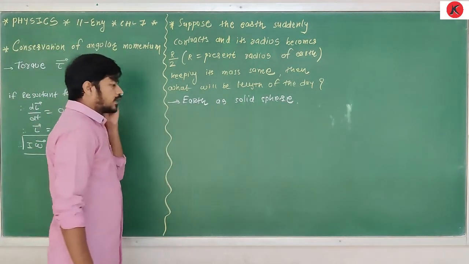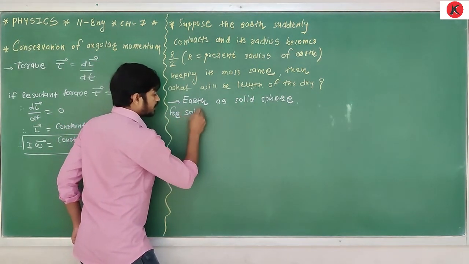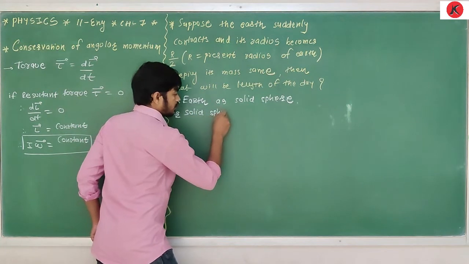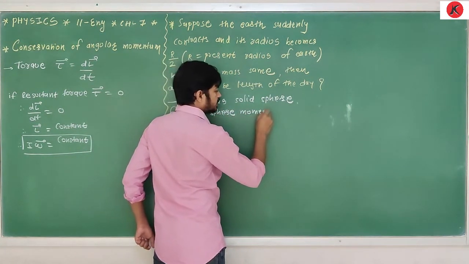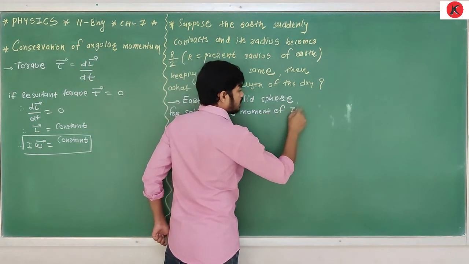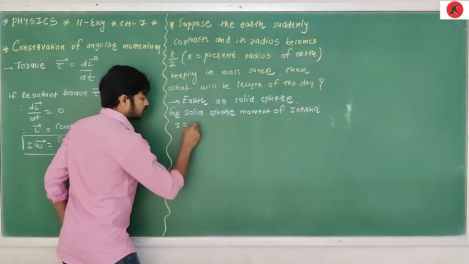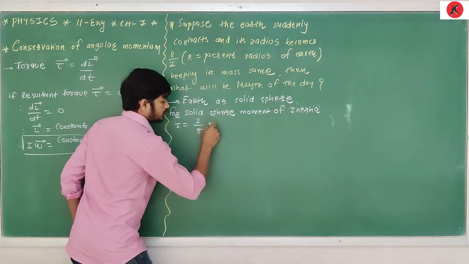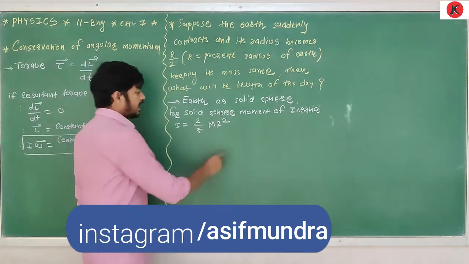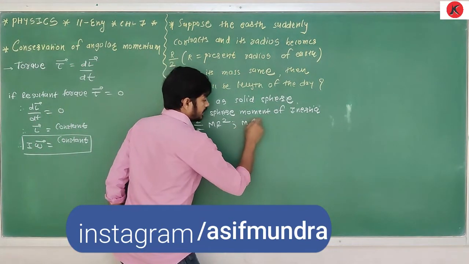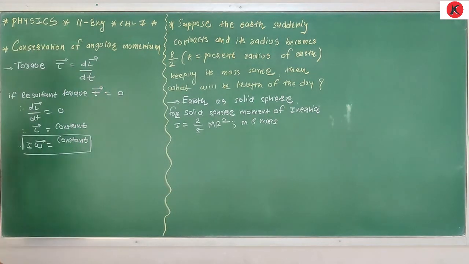Now for a solid sphere, the moment of inertia is I is equal to 2 by 5 mr squared, where m is mass and r is radius.